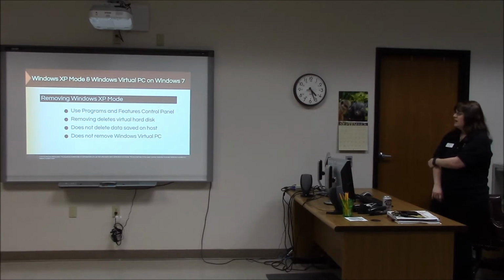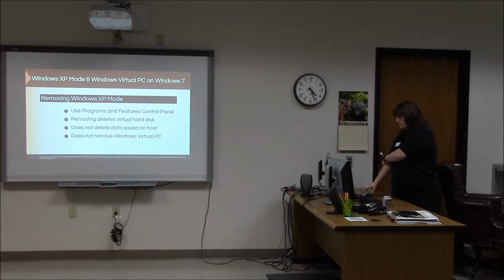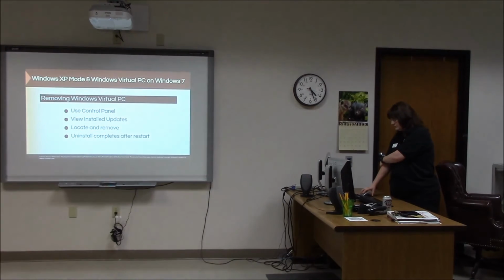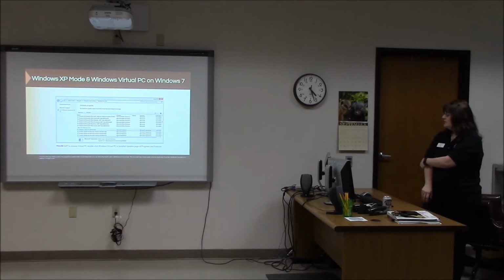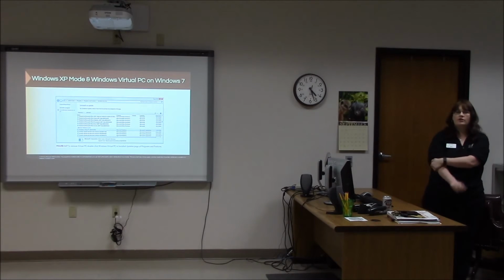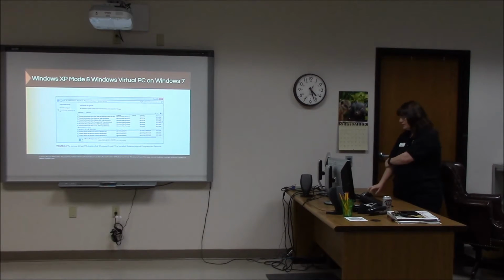Remove it. Simple enough. The same for Windows Virtual PC. So those just show up as Windows updates. And you can always go to a Windows update you don't want, right-click it and say uninstall, and that will do that for you.